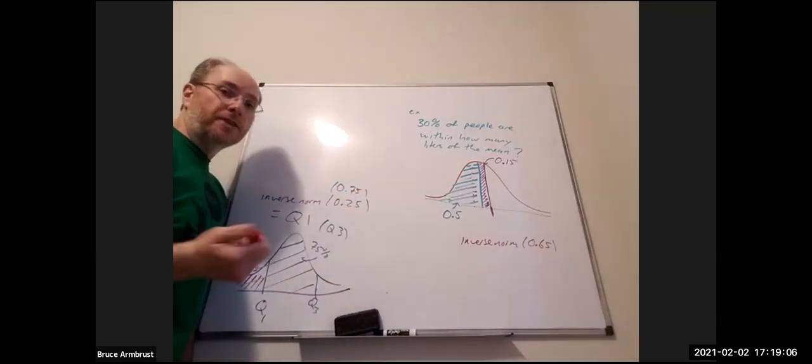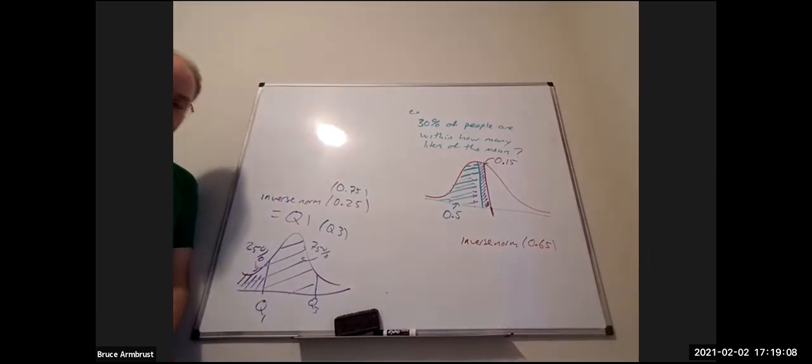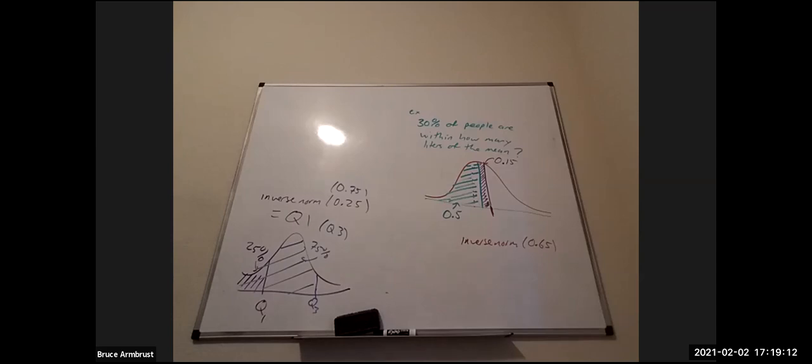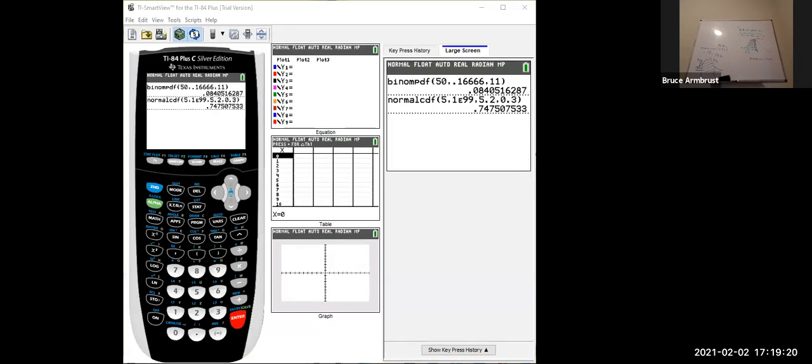All right, well, let's go to the calculator and let's play around with inverse norm. So the first thing I want to show you is we're going to get the quartiles. Calculator, there it is.